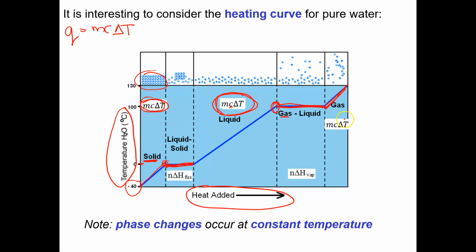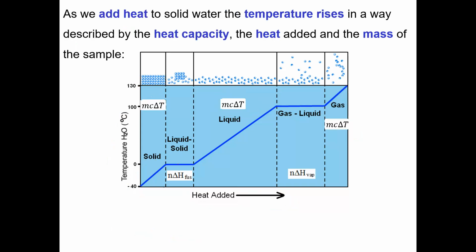It rises linearly as heat is added, again according to the same equation, but we have a different C yet again. The cool thing to note here is that the phase changes occur at constant temperature. We'll zoom in on this process and go through it nice and slowly over the next couple of slides.